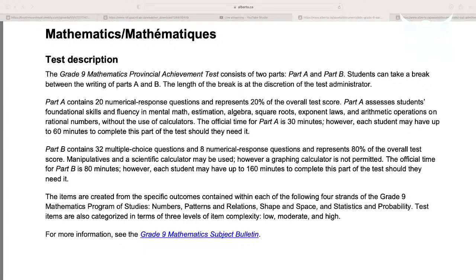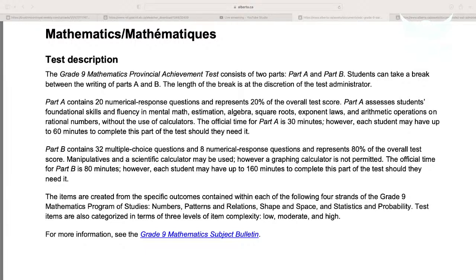So next information I want to share with you. We already know that Part A will be 30 minutes, and Part B will be 80 minutes. Part A is the numerical response questions. No calculators are allowed in Part A, so you have to do everything on paper or use mental math.